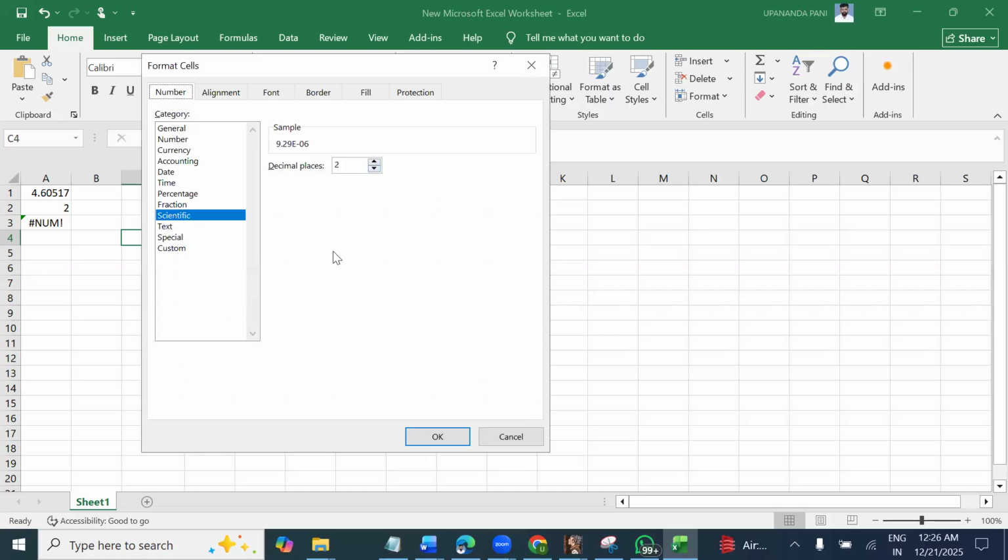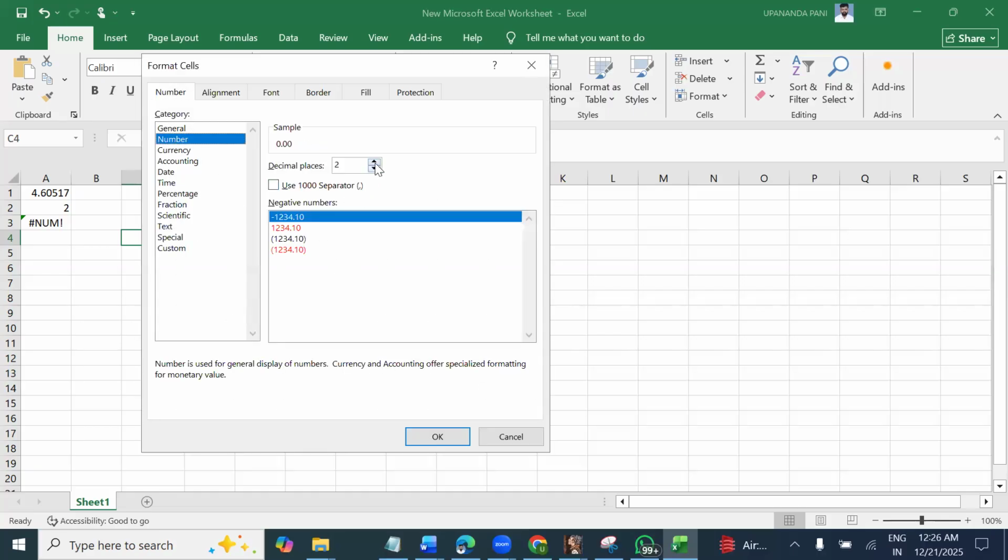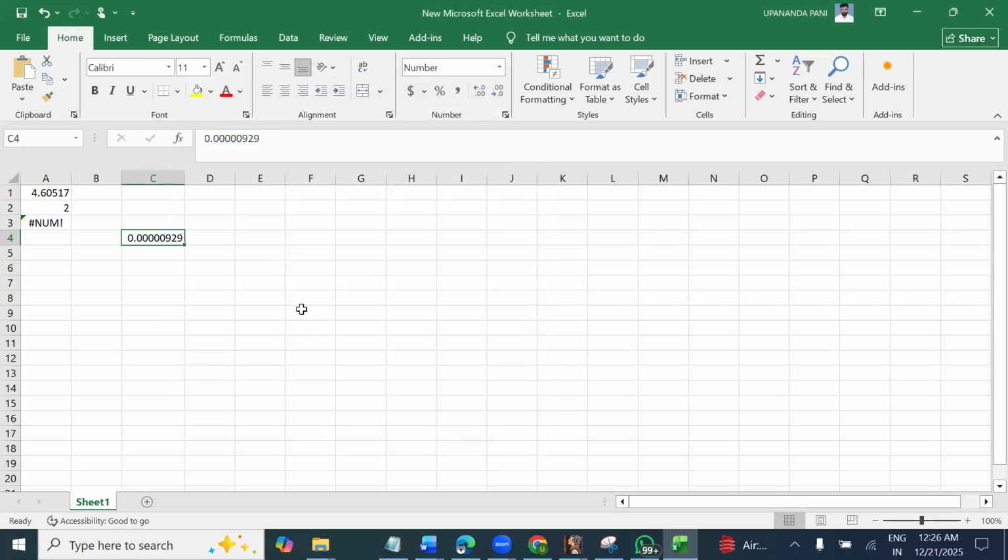This is a scientific number format. If I increase my decimal points to 6, 7, 8, I got this. Now suppose I take 0.05.